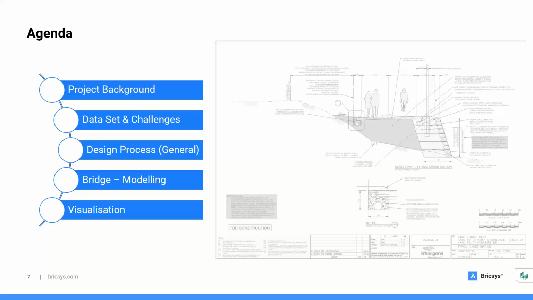To get there, we will start off with the background. We will then go through the data set and the various challenges. Then there are 2 parts to the design process: the general design of the overall path, and this project, as you have seen on the graphics of the invitation, has a very interesting bridge as well. So we'll talk a little bit about that as well.